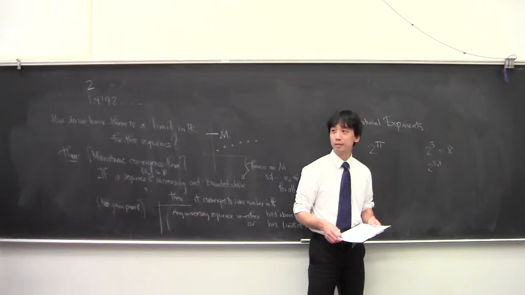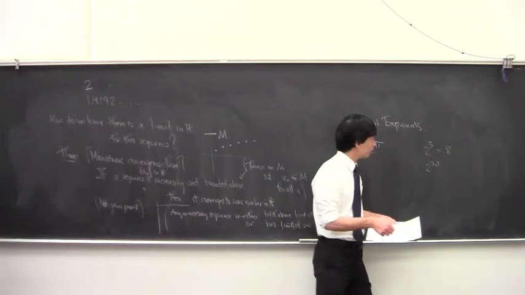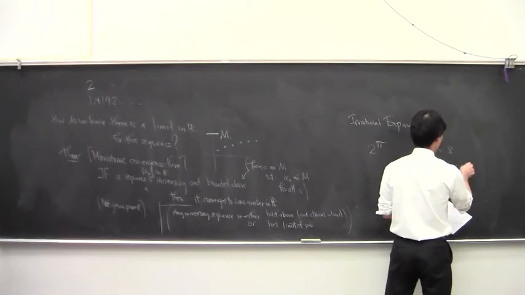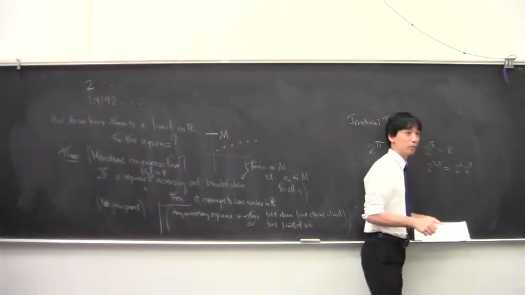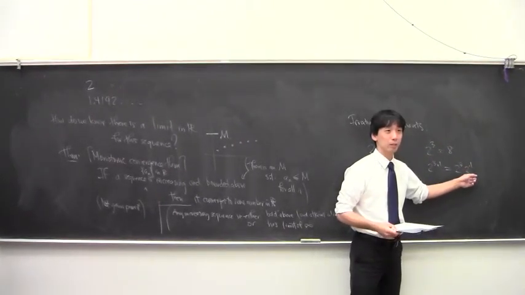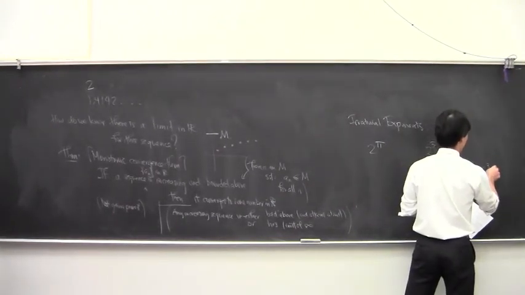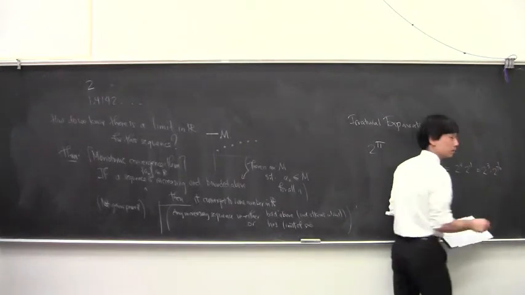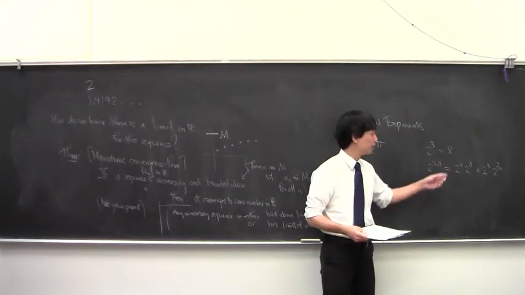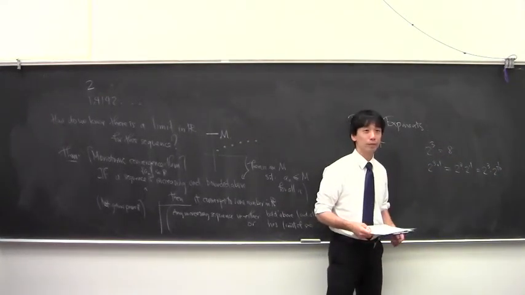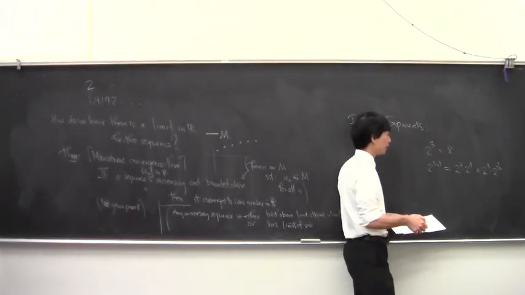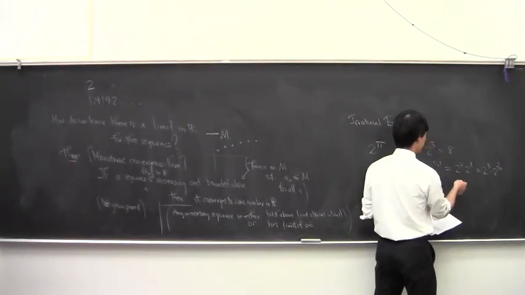Could you do 2 to the 3 times 2 to the 0.1? You could do it that way, where 2 to the 1/10 is the 10th root of 2. So it's 8 times the 10th root of 2, and you could keep on going like that.